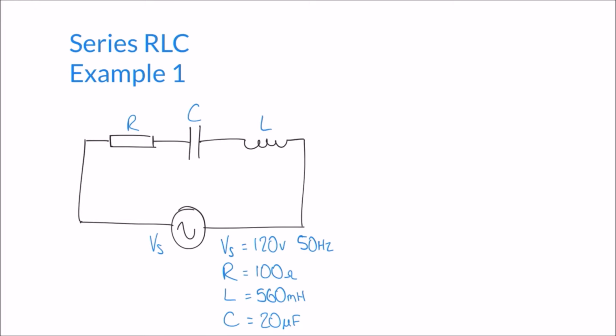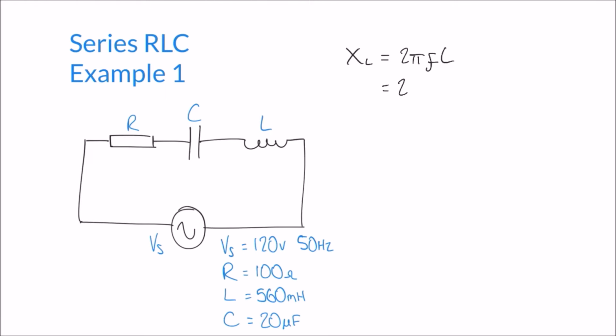But let's first of all begin by defining the reactance in this circuit. We have three components here: resistance, capacitance and inductance in the circuit. And we know that capacitors and inductors have the property of reactance when they're in an AC circuit. So let's begin first of all by calculating the reactance of our inductor L, and we'll call that XL. We know that the formula to calculate the reactance of an inductor is 2 pi FL: 2 pi times the frequency times the inductance.